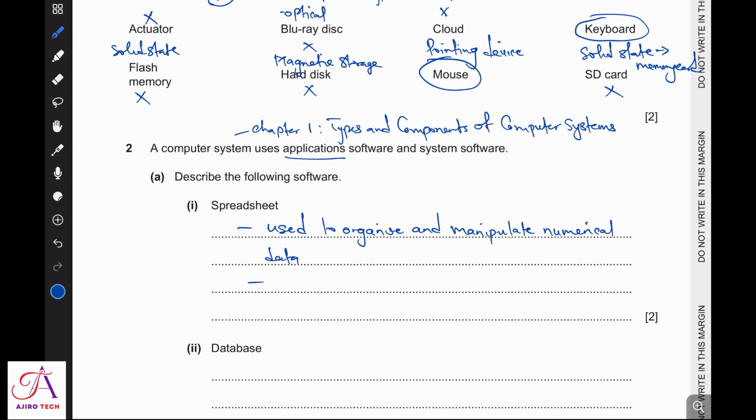The next one is that it is organized on a grid of lettered columns and numbered rows.